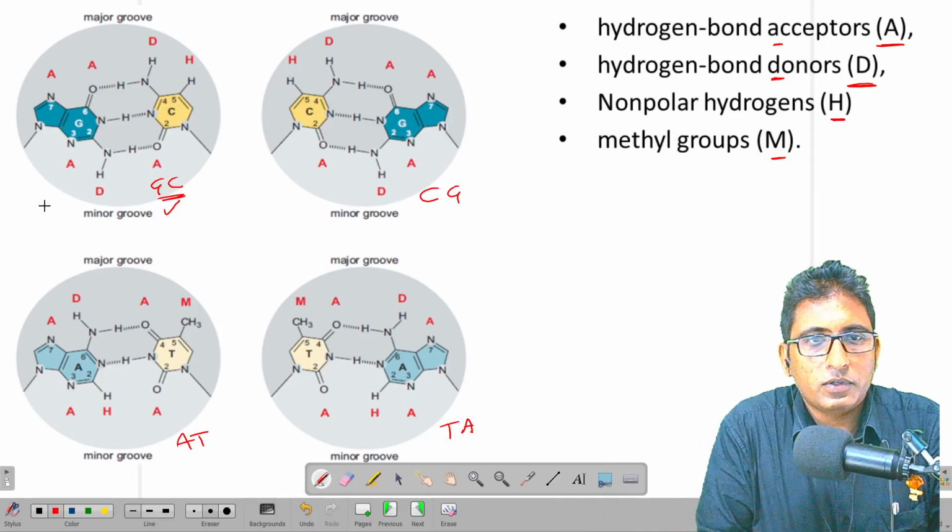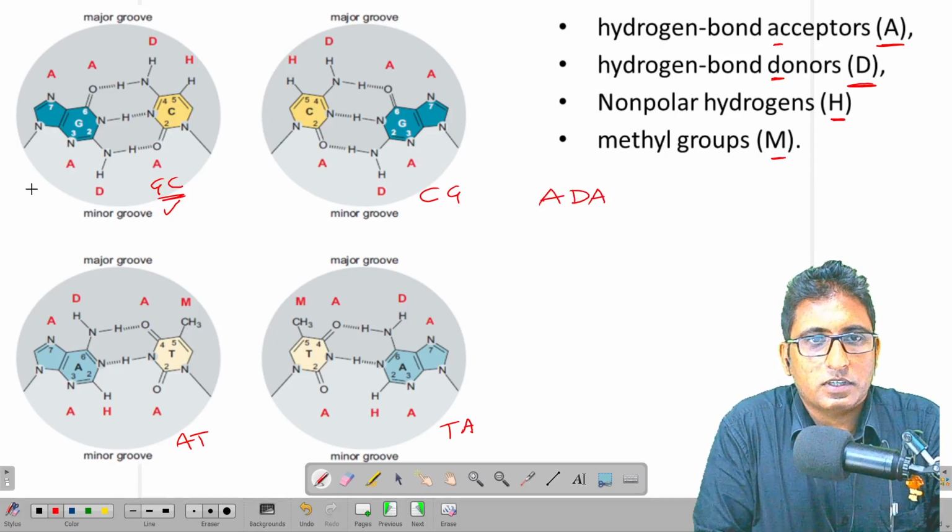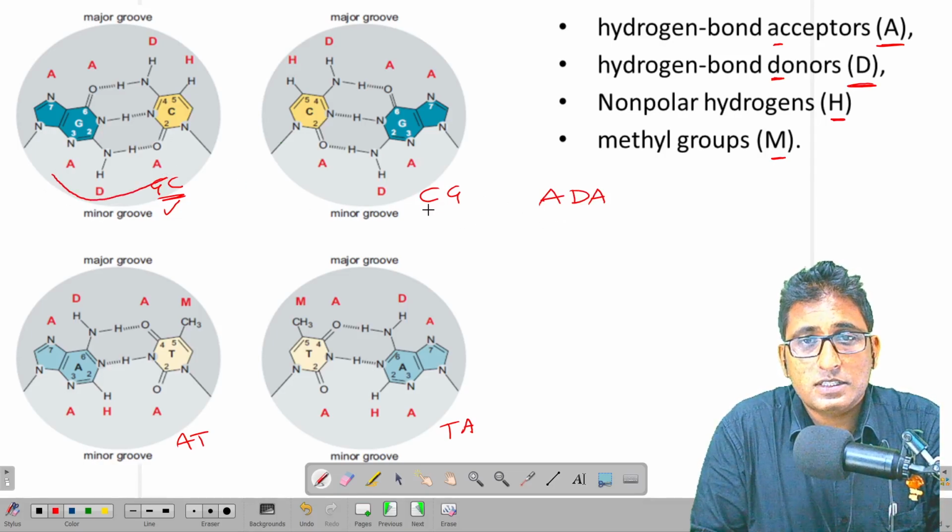In the minor groove, if you look at the GC and CG base pairs, for GC it is ADA. Those are the functional groups that are available here. And in the same way, if it is CG, we would still have ADA.